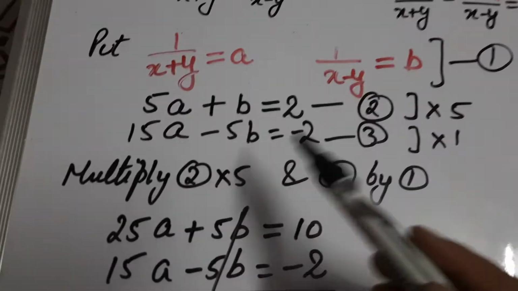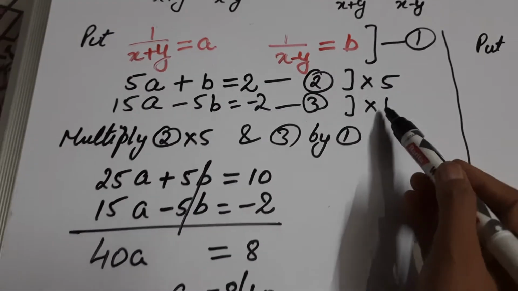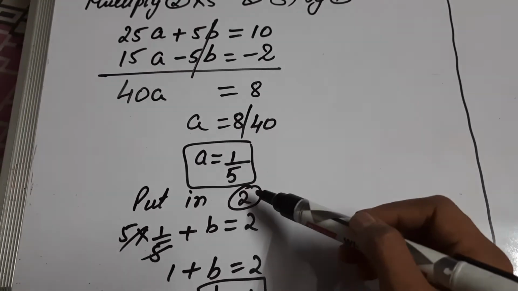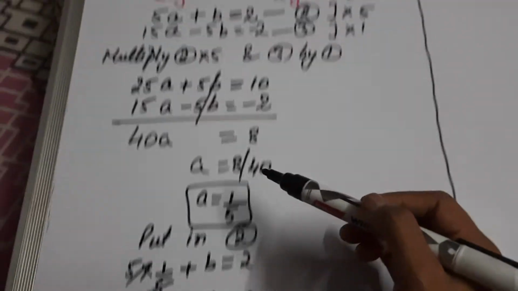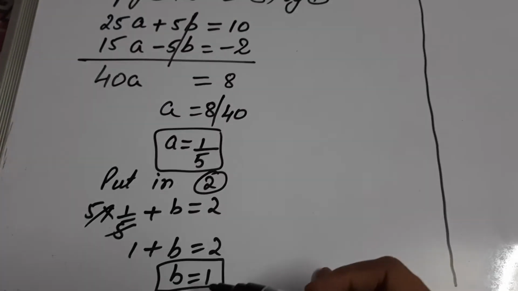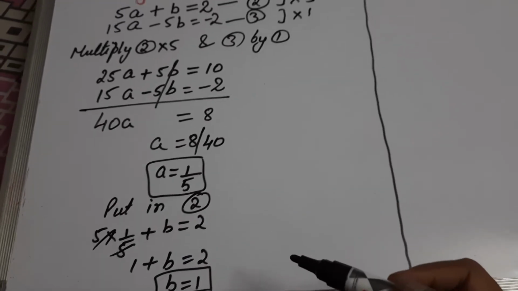So when you multiply you'll get this. Second equation will remain same because it is multiplying by 1, so we'll get a is equal to 1 by 5 in this way, and by putting the value of a in either 2 or 3, we'll get the value of b as 1, right? So you can see the calculation or do it yourself.